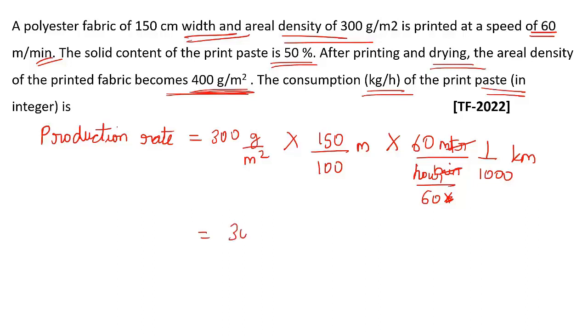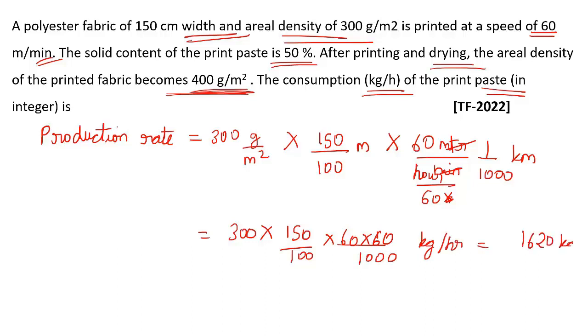So it will be 300 into 150 upon 100 into 60 into 60 upon 1000 kg per hour. If you solve, it comes out to be 1620 kg per hour.